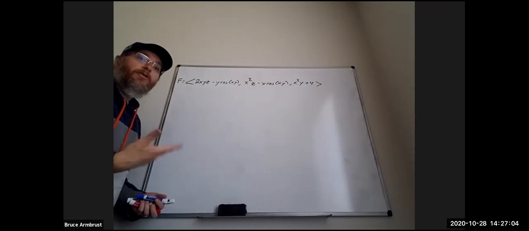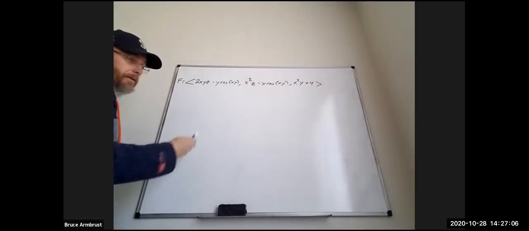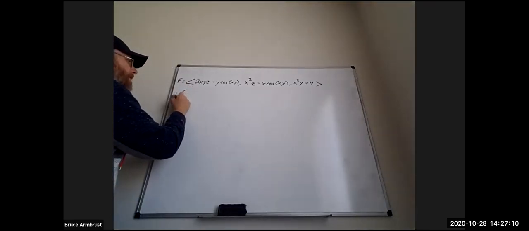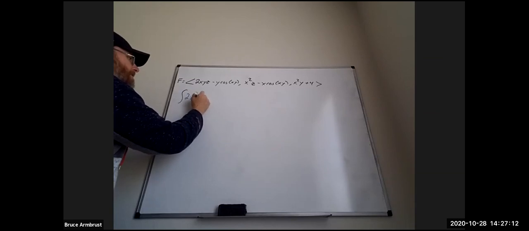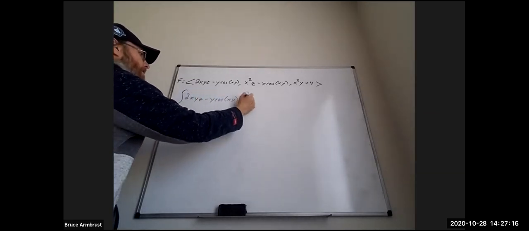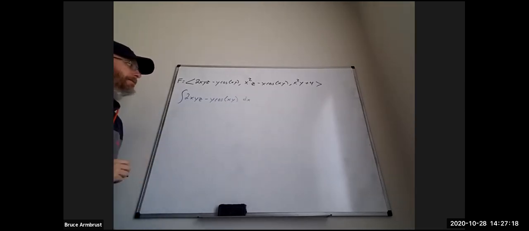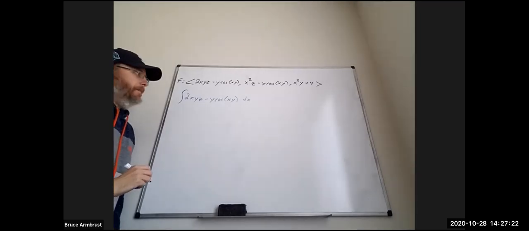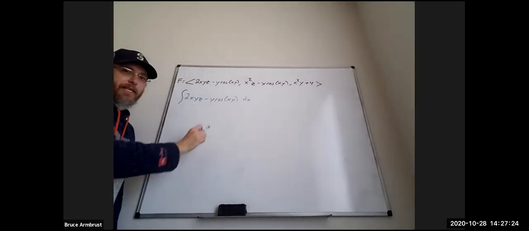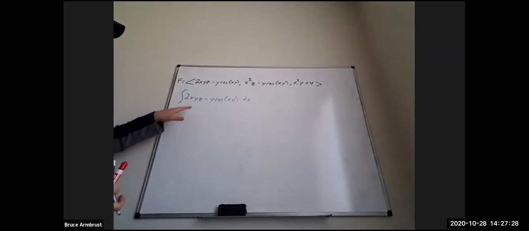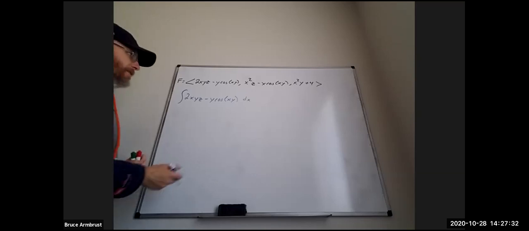All right, so we need to do 3 partial integrals now. So the first one, we're going to integrate 2xyz minus y cosine of xy with respect to x. So all the y's, all the z's, those are constants. So let's see what happens here. We get the yz, and integrating 2x is going to give us x squared.